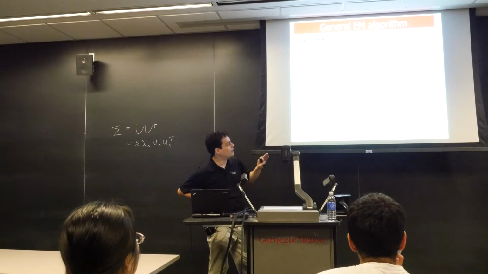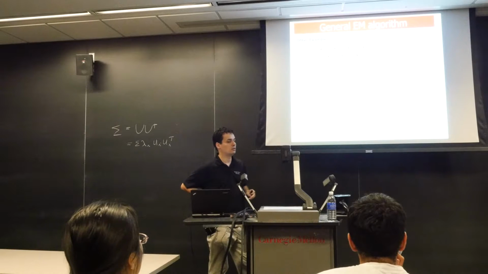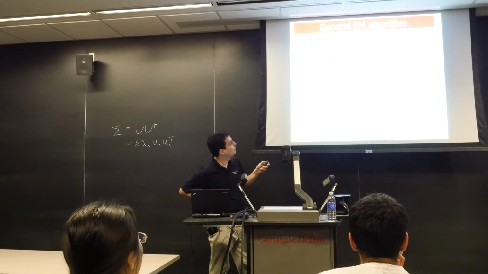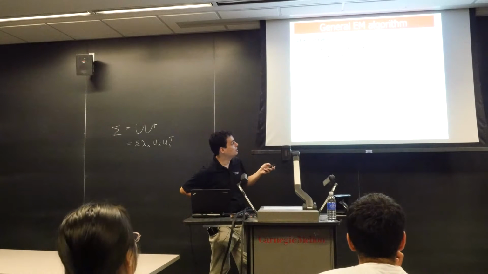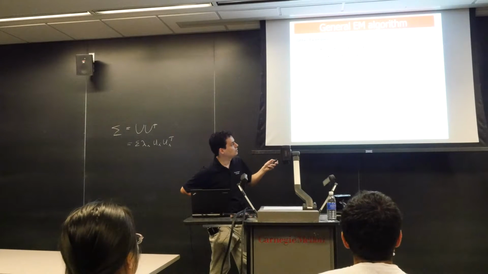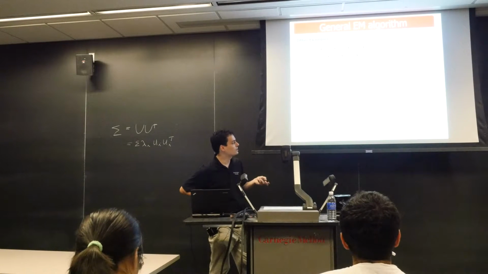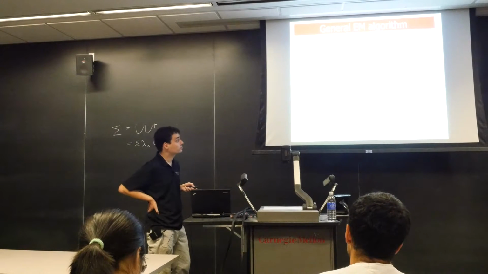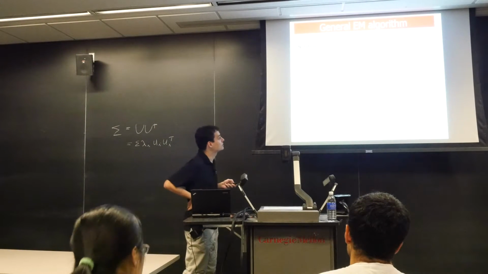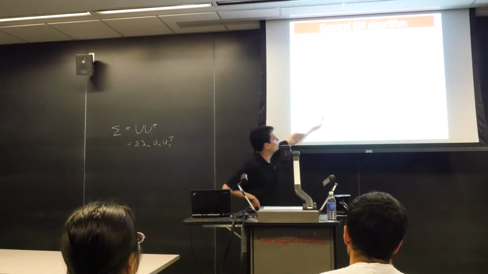I just wanted to point out that this model also fits this assumption that we have some hidden random variables that we want to estimate. But let's go back to the mixture of Gaussian case.